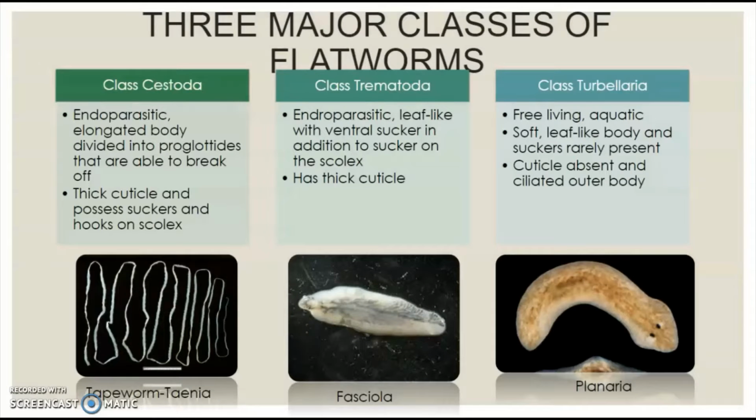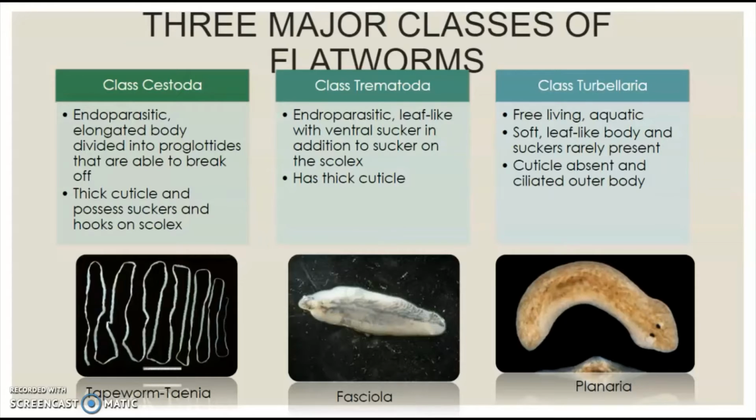3 major classes of flatworm. First is class Cestoda. It is endoparasitic. It means they are parasites that live within the body of the host. It has an elongated body divided into proglottids that are able to break off.